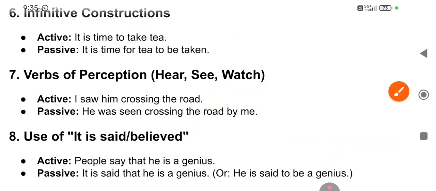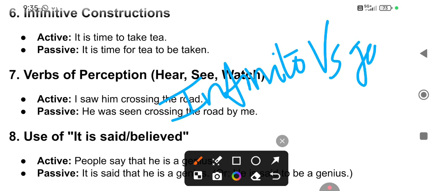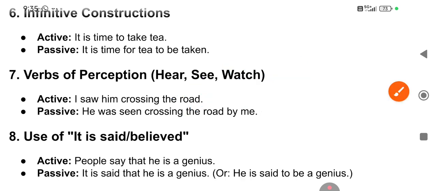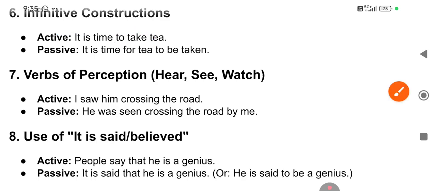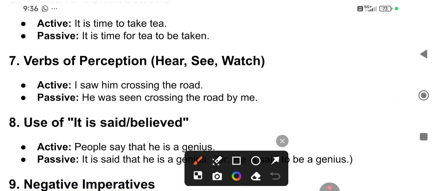So infinitive versus gerundial: infinitive is to, and gerundial is ing. Please keep in mind. So here in the sentence, to take, to go, this is called infinitive. So: it is time to take tea. The change is: it is time for tea to be taken.